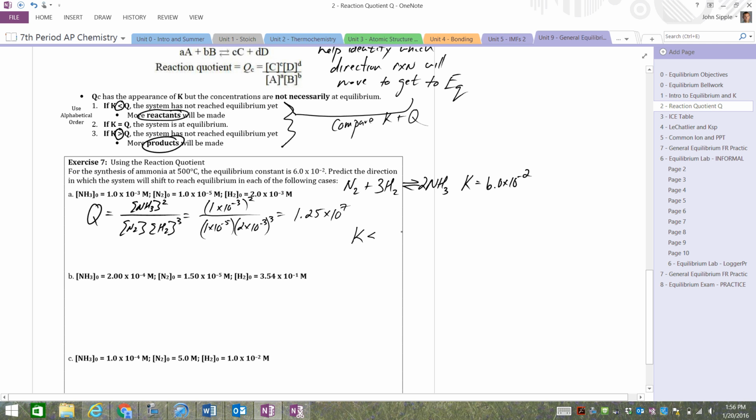So if we compare these guys, K is much less than Q. So the reaction will shift towards reactants.